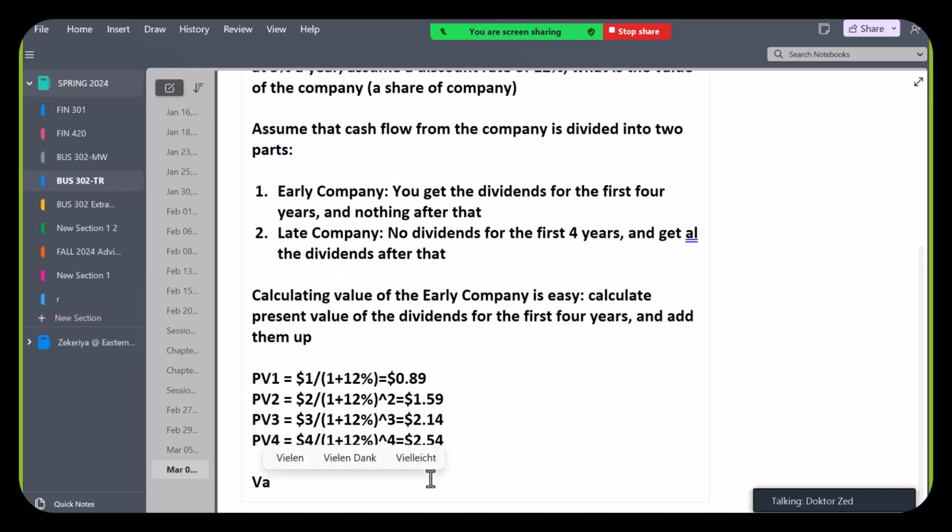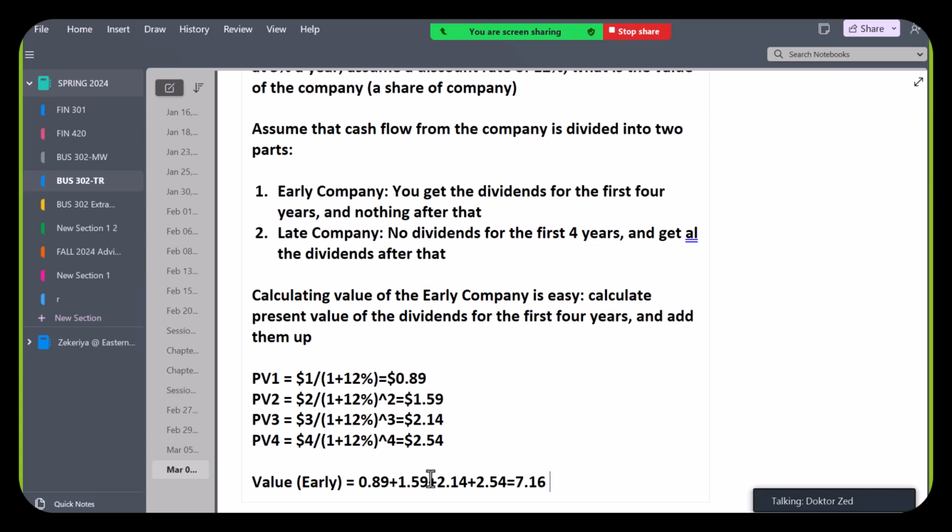Hence, value early. I don't usually recommend that you round these things up, but this is illustrative. 89, 159, 214, 254. So if you own the shares of the early company, those shares are equal to 7.16.